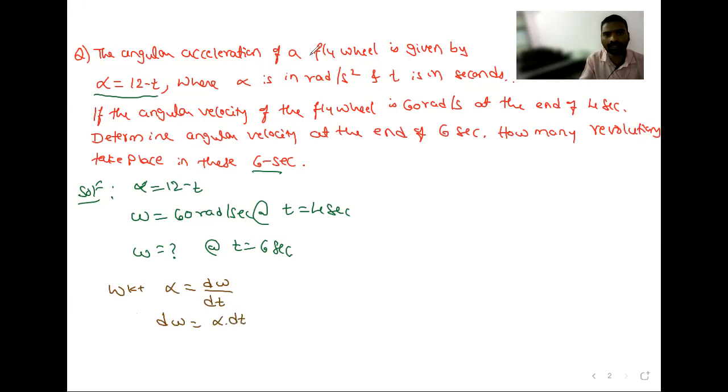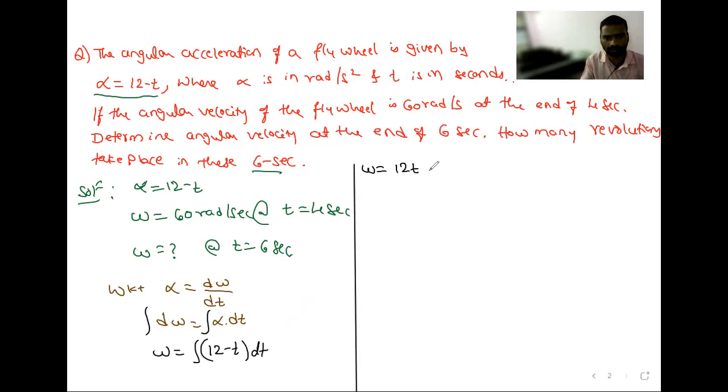So omega is equal to the integration of alpha, whose value is 12 minus t, into dt. Integrating, omega is equal to 12t minus t square by 2 plus c, a constant.